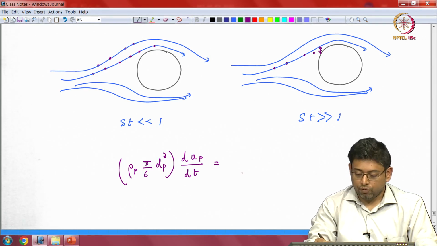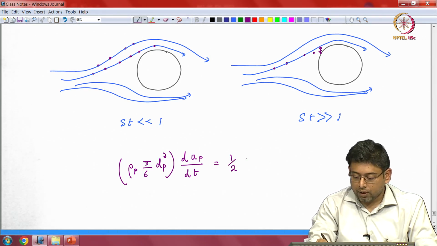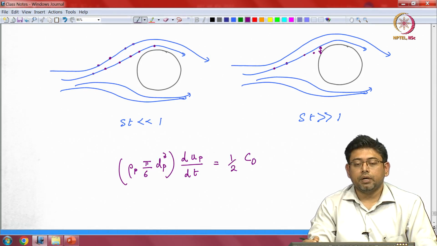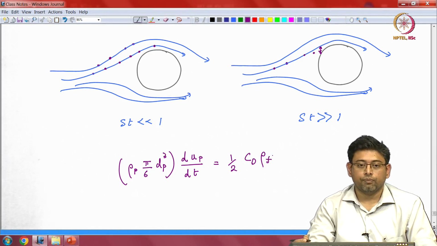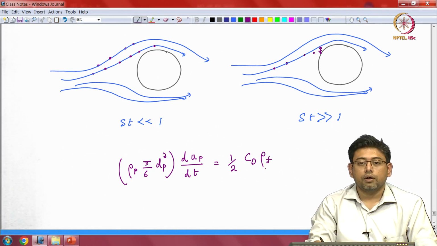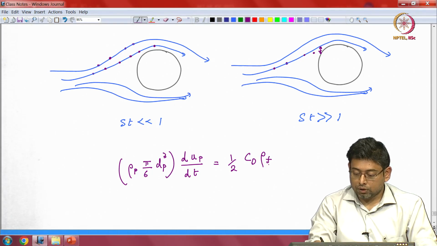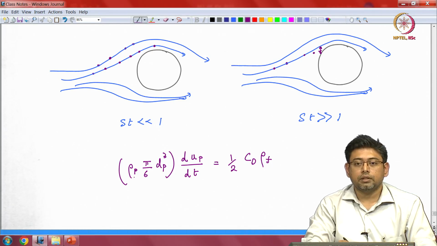So on this side we have the fluid drag, which I can now write as half CD, CD being the drag coefficient, times my density of the fluid, which I'll write as rho f. So you have 2 rhos here. They are differentiated with respect to the subscript. So rho subscript f is the density of fluid, rho subscript p is the density of the particle.